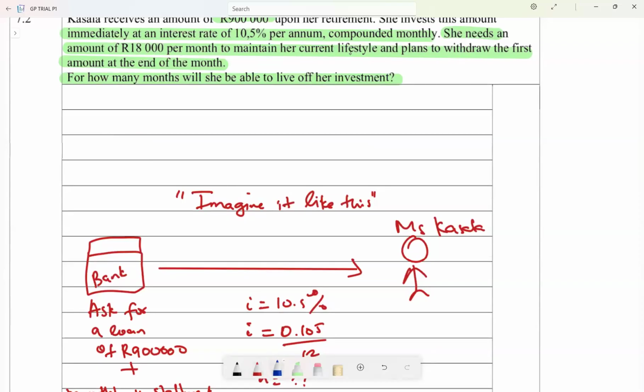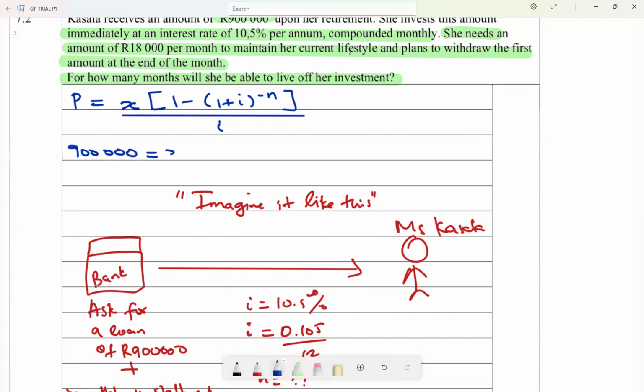So we know that for a loan it is 1 minus (1 plus i) to the power of negative n, all divided by i. The bank requires a loan of 900,000, and Miss Kasala had an agreement that they're going to pay her 18,000 each and every month. So 1 minus (1 plus 0.105 divided by 12) all raised to the power of negative n.